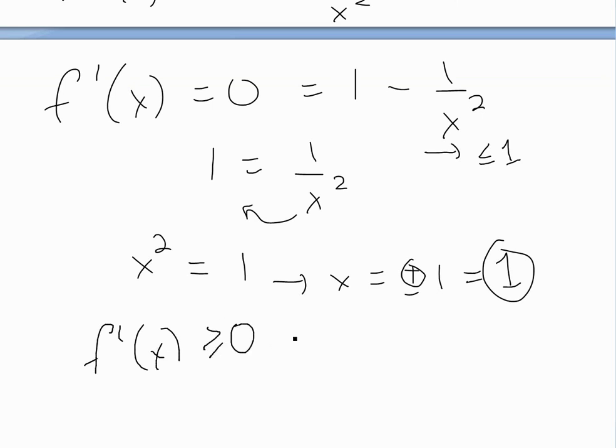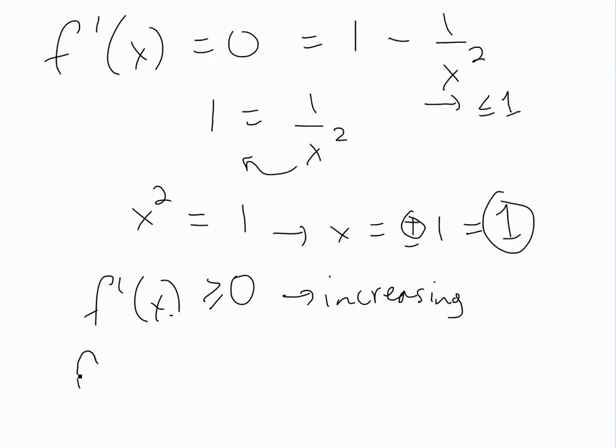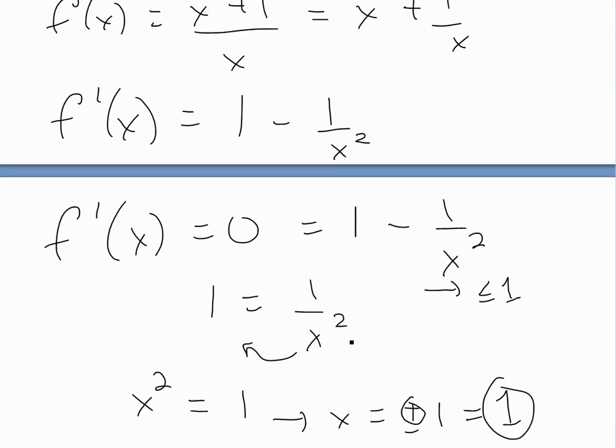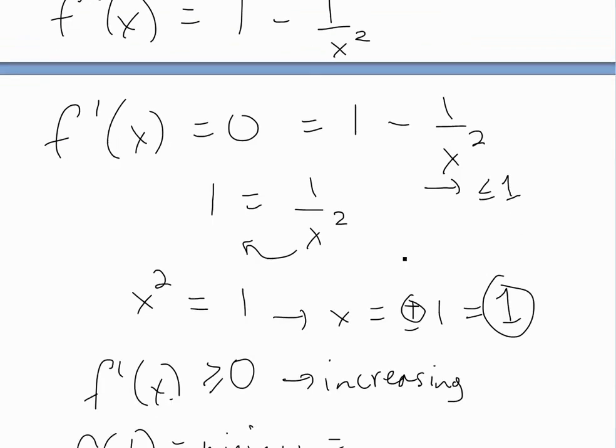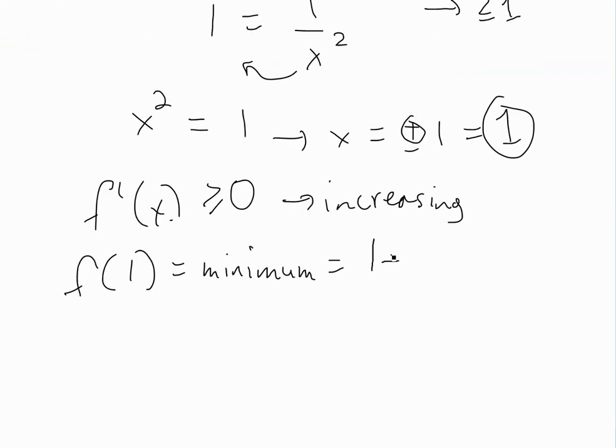So the function is always increasing, and the critical point is the minimum. So f of 1 is the minimum; we just plug it in: 1 plus 1 over 1 equals 2. So 2 is the minimum.